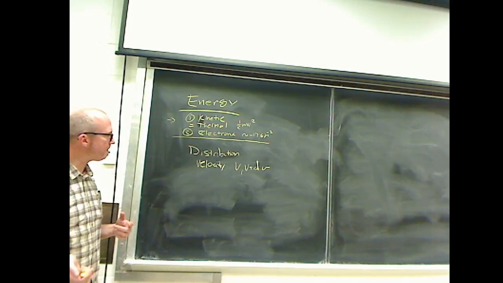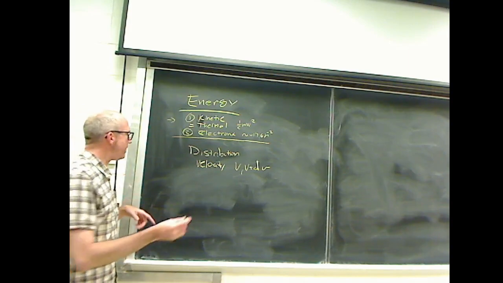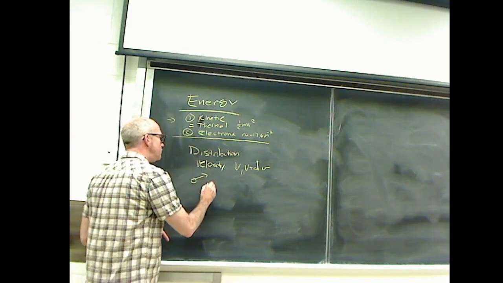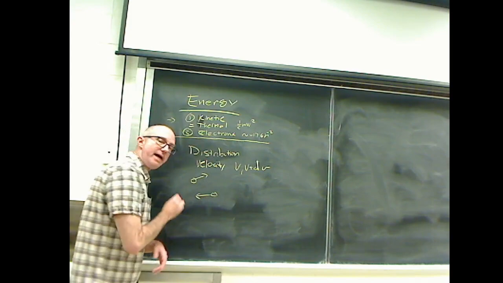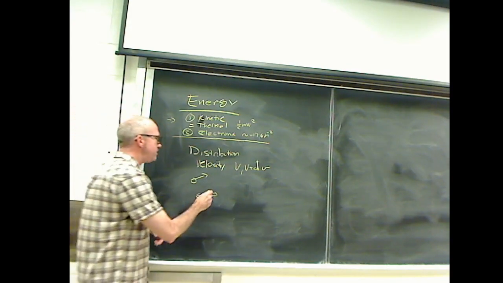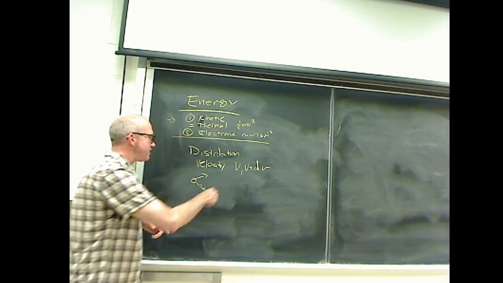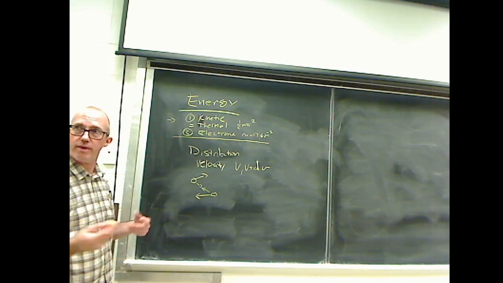Well, what I do is I assume that all of the motions of my atoms are random. And when two atoms interact, the new velocity is just the sum of the old velocities or thereabouts.